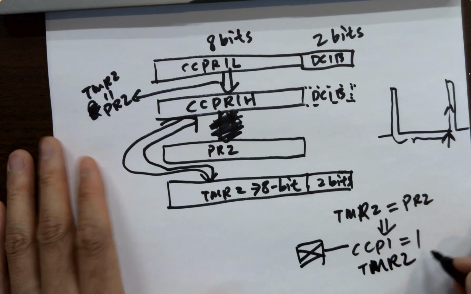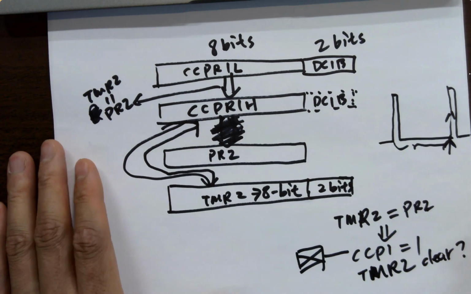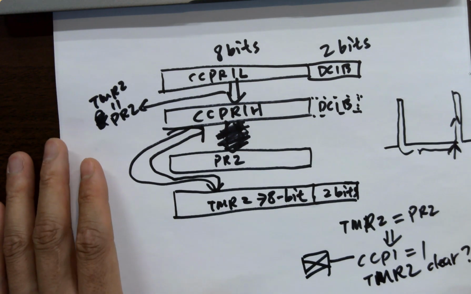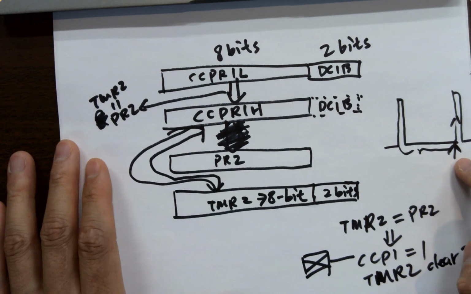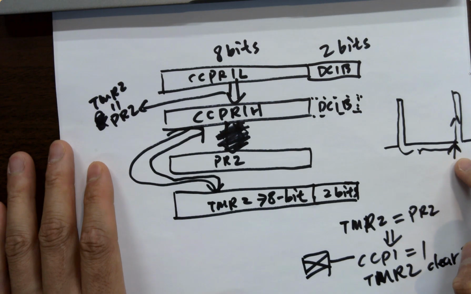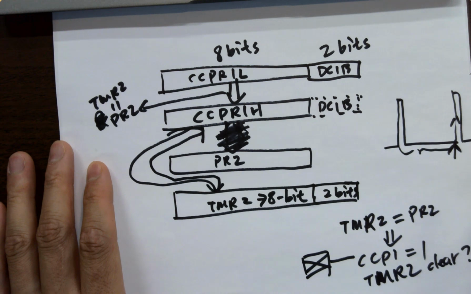Timer 2 clear? Clearing timer 2 or not? Here, do you need to clear timer 2? It needs to stay counting, right? So you can get the duty value or no?